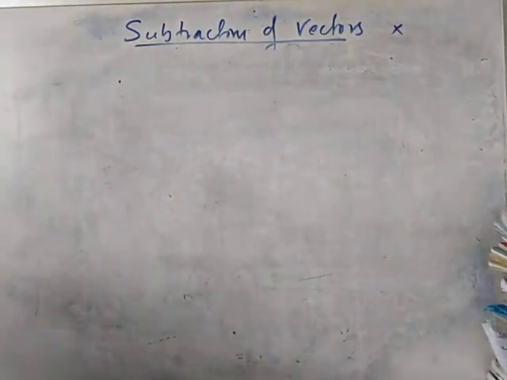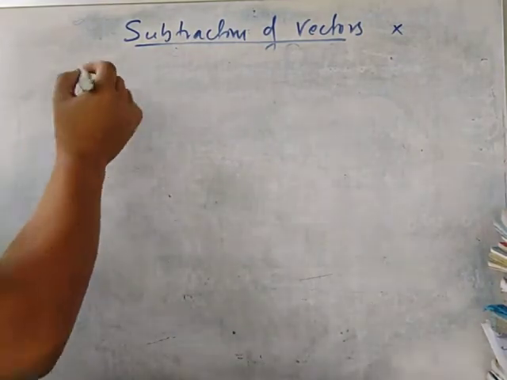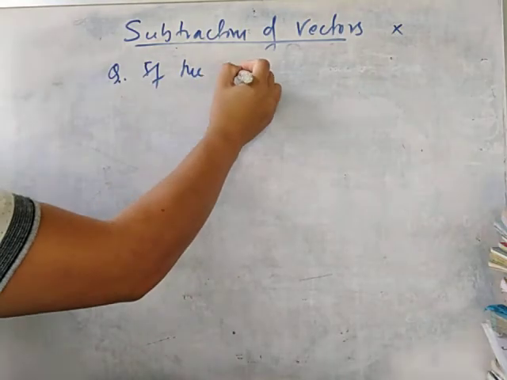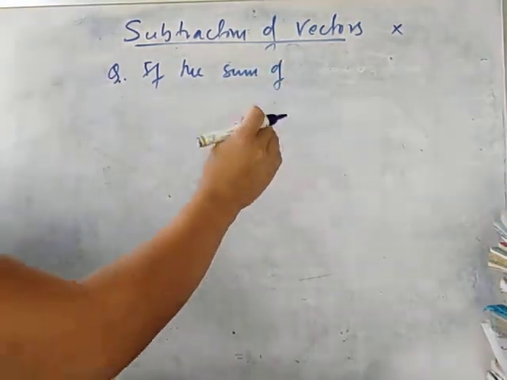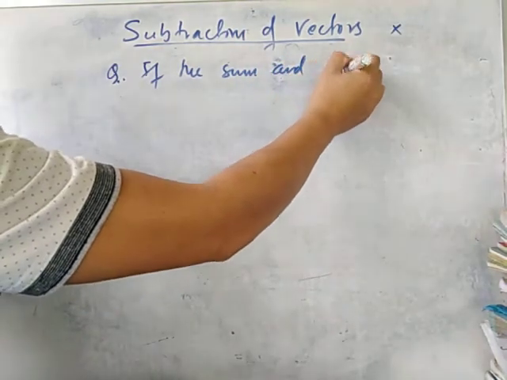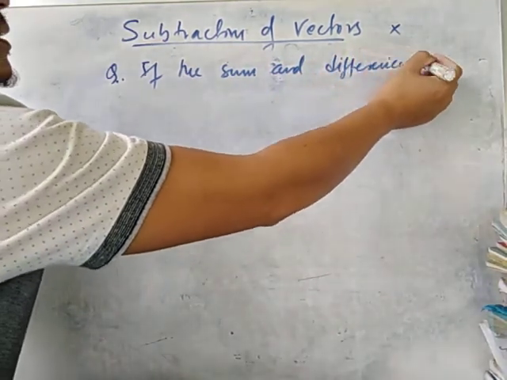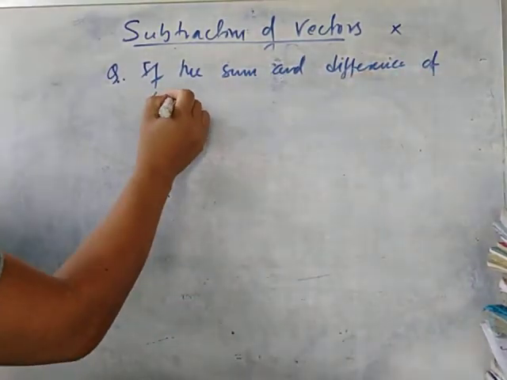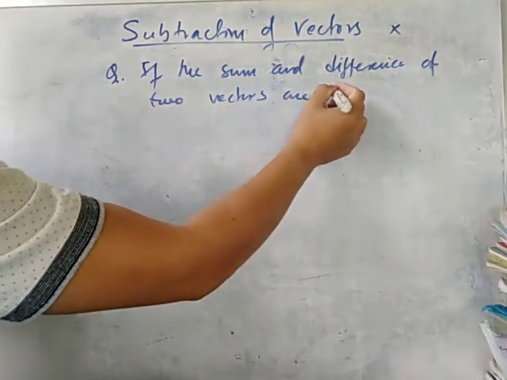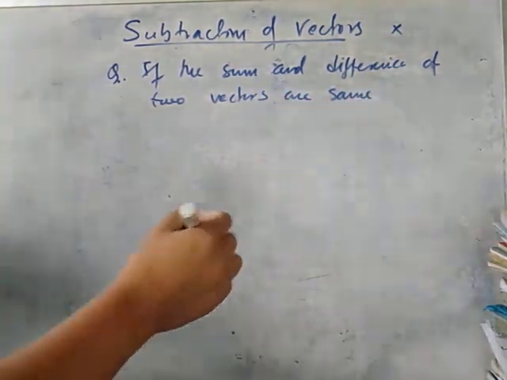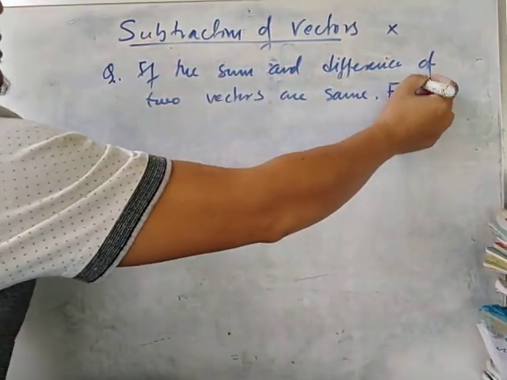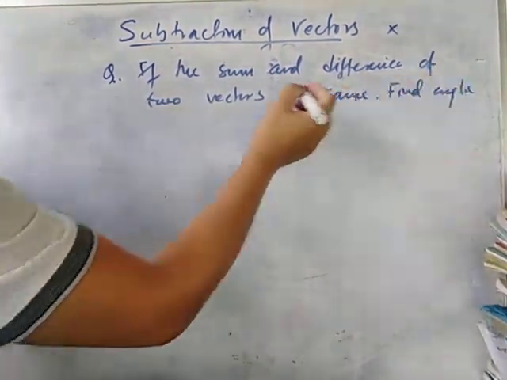Okay, so if the sum and difference of two vectors are same, okay, find angle between them.